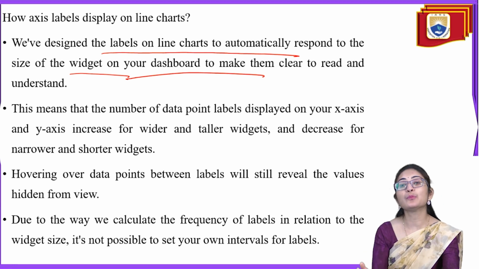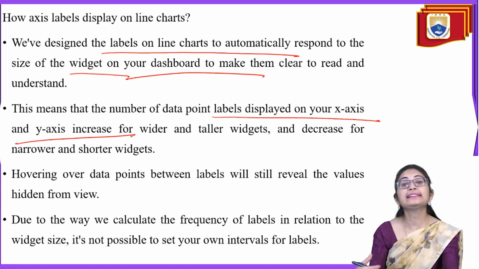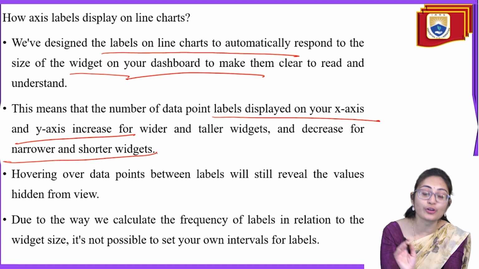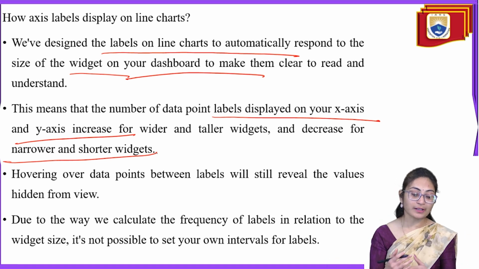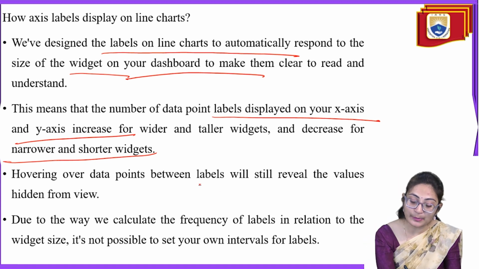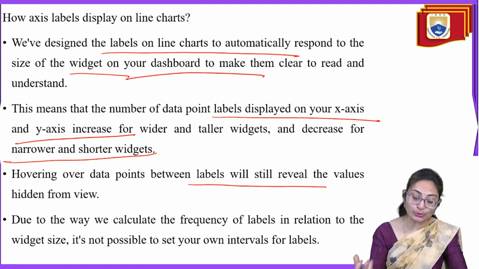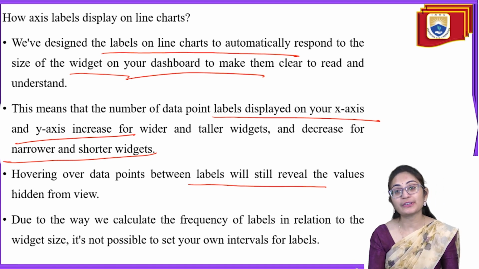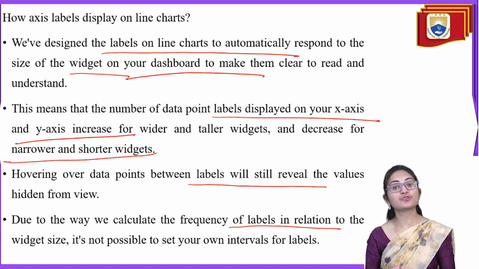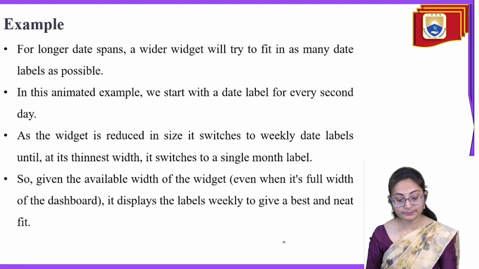That means the number of data point labels displayed on your x-axis and y-axis increases for wider and taller widgets and decreases for narrower and shorter widgets. However, hovering over the data points between labels will still reveal the values hidden from view. And due to the way we calculate the frequency of labels in relation to the widget size, it's not possible to set your own intervals for labels.